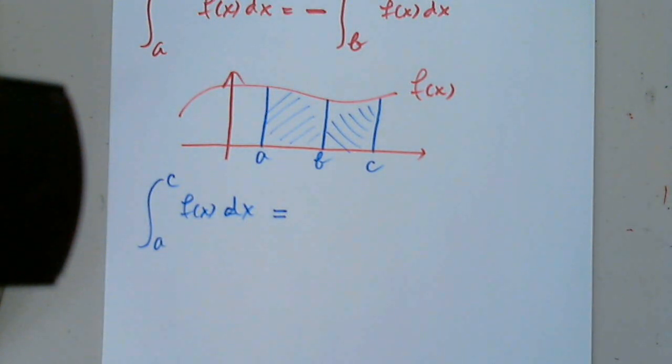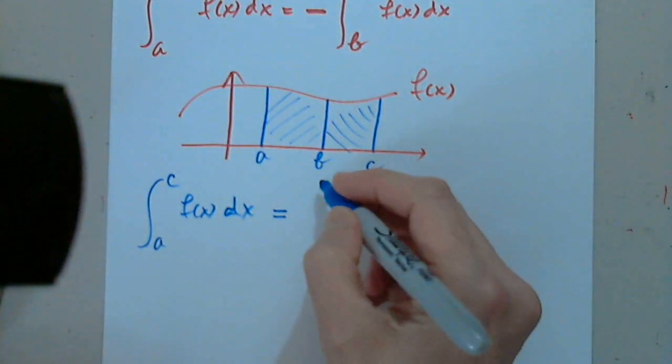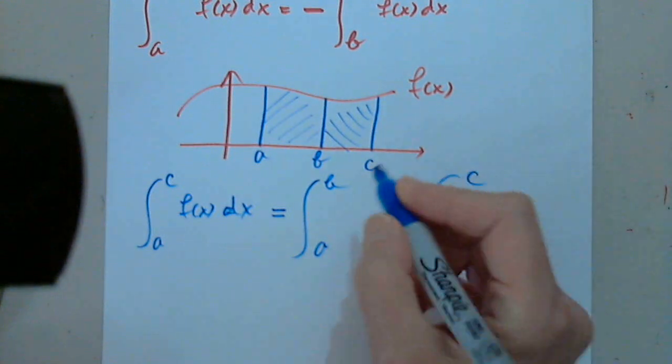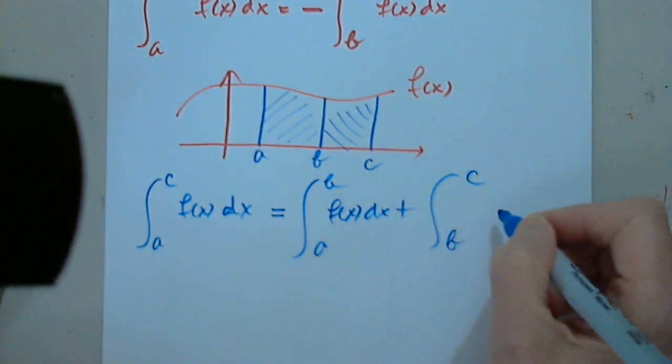What do you think? Is there a way of rewriting this? Would it be from a to b plus b to c, the integral from a to b, b to c of f of x dx? Perfect.